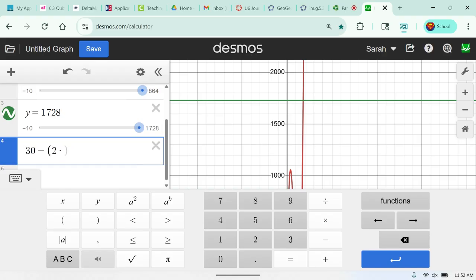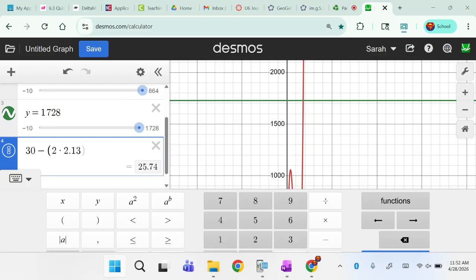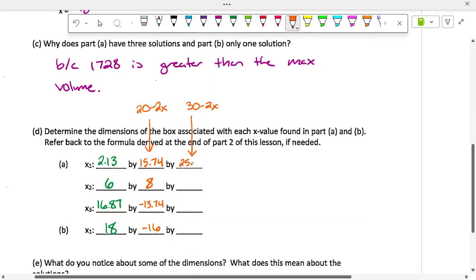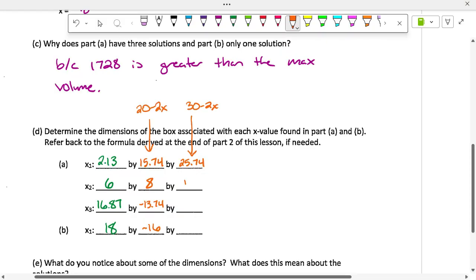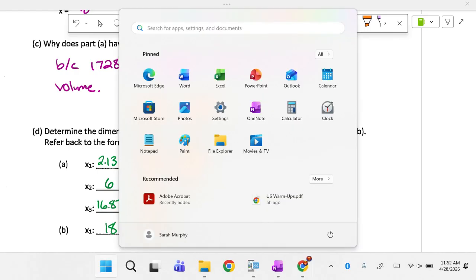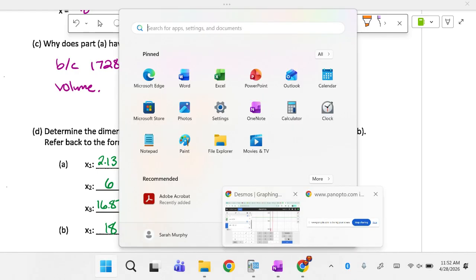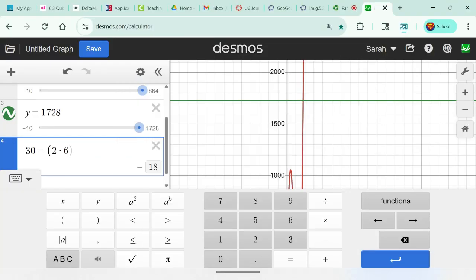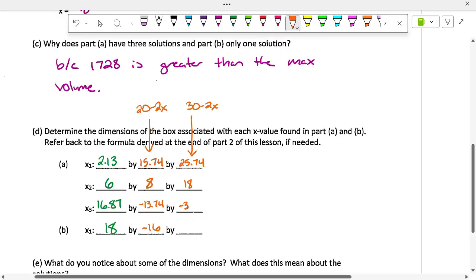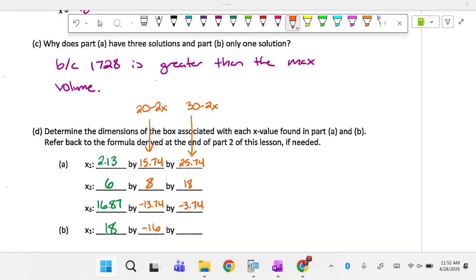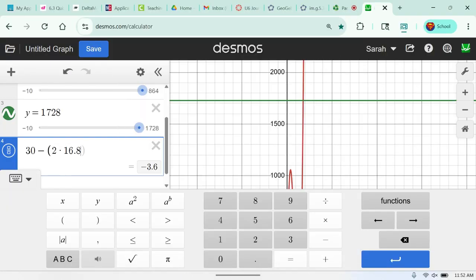So I have 30 minus 2 times 2.13, that's 25.74. 30 minus 2 times 6, 18. 30 minus 2 times 16.87, negative 3.74. And then 18.